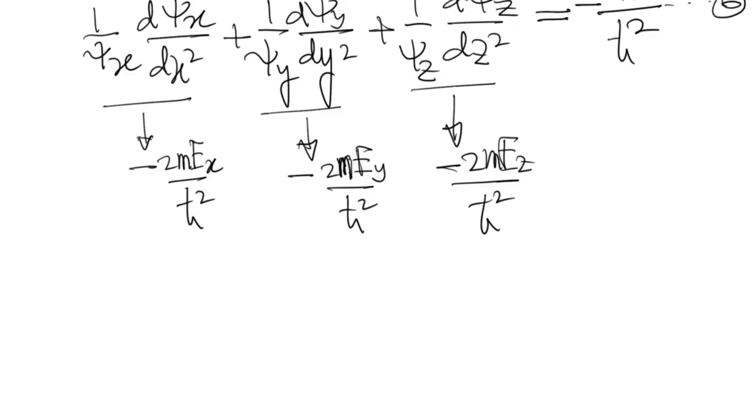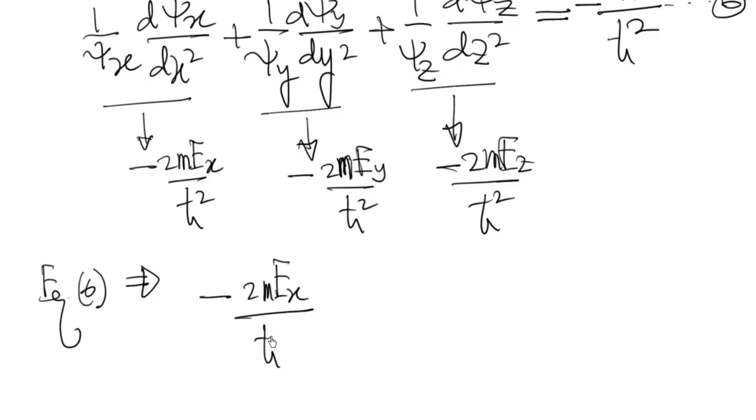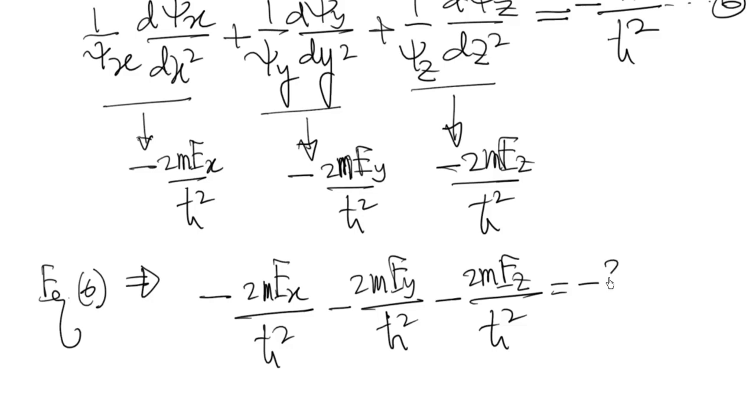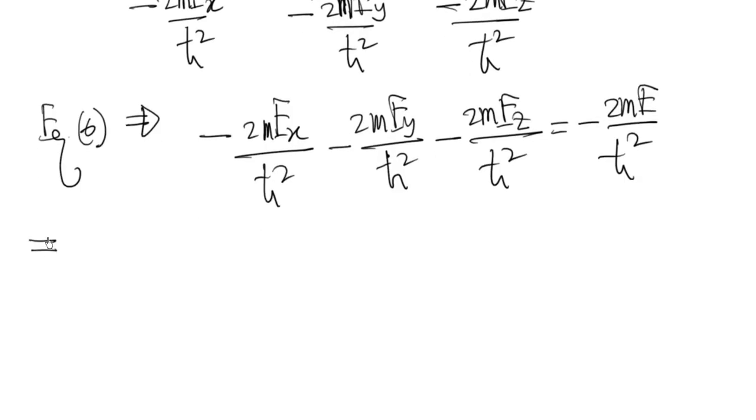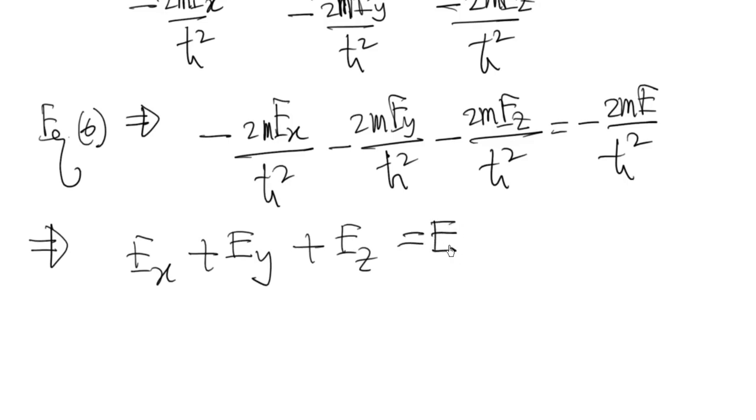If we take this, then equation 6 becomes minus 2m Ex by h cut square minus 2m Ey by h cut square minus 2m Ez by h cut square, which is equal to minus 2m E by h cut square, which gives us Ex plus Ey plus Ez equal to E. Let us suppose this is equation 7.